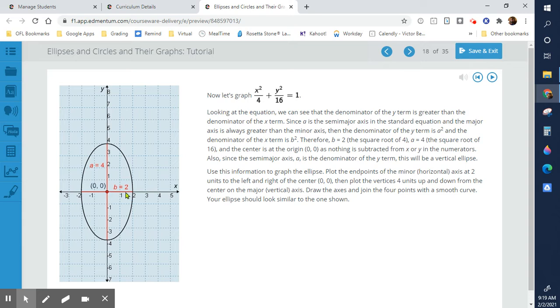So that's why we have a b. This b is 2 because x has a smaller number. And in this case, the 16 is our a squared because it's a bigger number. So the square root of 16 is 4. So we go 4 up and 4 down because they're underneath that. And there was no h and k. So because there was no h and k, our center's the origin.